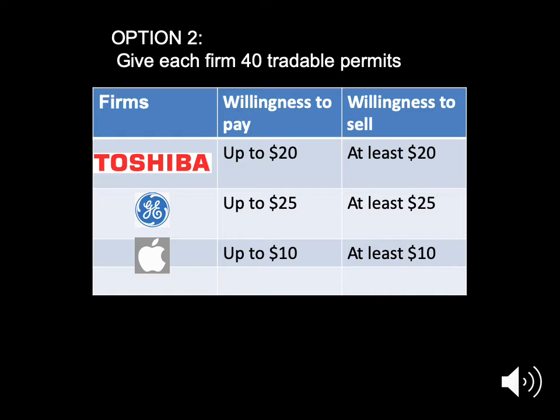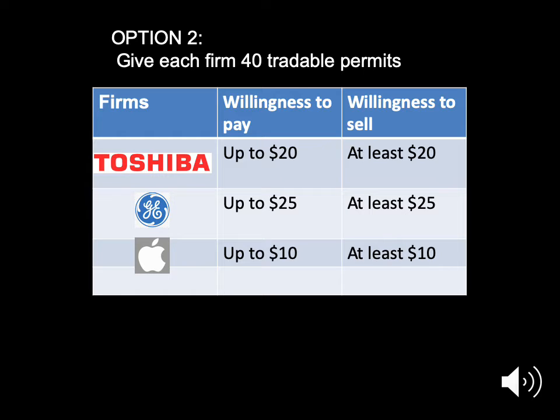Given that for Toshiba it's $20 the cost to reduce 1 unit of emissions, then Toshiba's willingness to pay for a permit is up to $20. Toshiba won't pay more than $20 because then it would be better to just reduce the emissions.